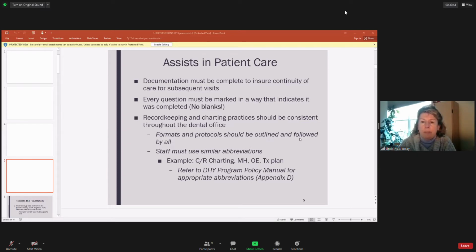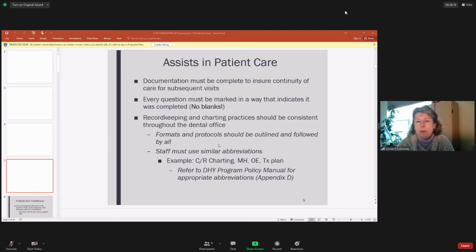Formats and protocols should be outlined and followed by all. So you're going to find there are some protocols that the military uses. There are some abbreviations that Deltec uses, and we don't stray from that. I'm trying to think of an example. For Deltec, we would put FL for fluoride, but when you see it in the Dover Air Force Base records, if it's pre-stamped or whatnot, it's going to say F, or it's going to say the whole word fluoride. They don't use FL.